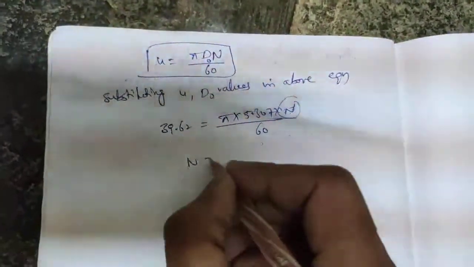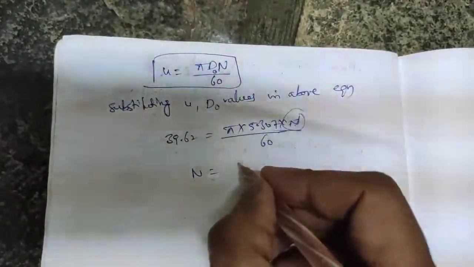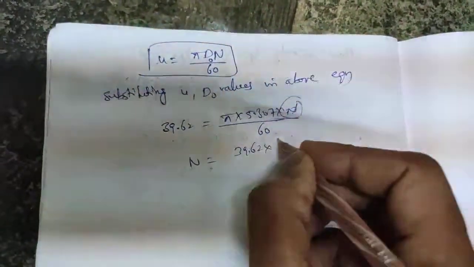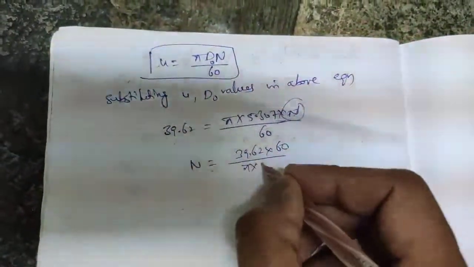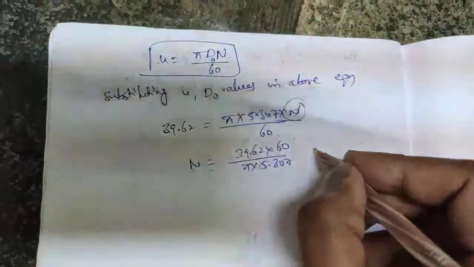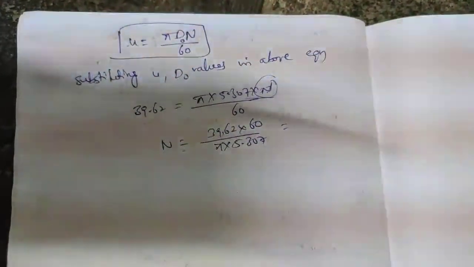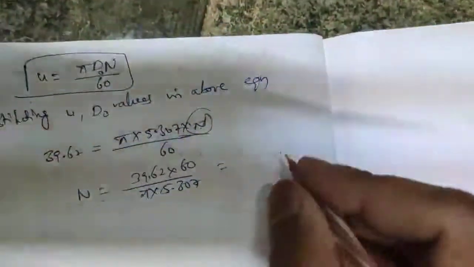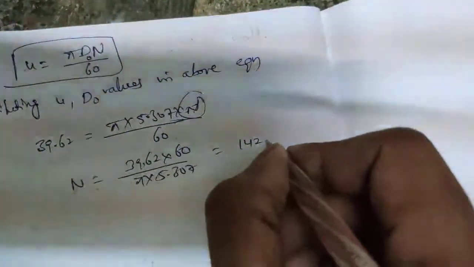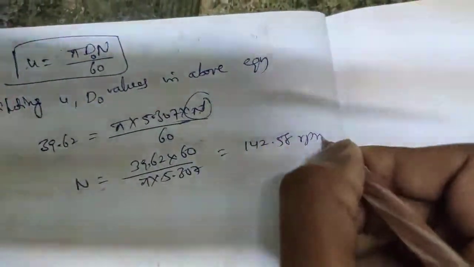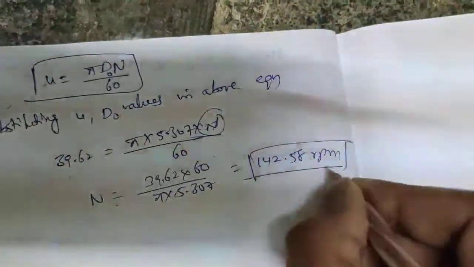Taking N to the left side, N equal to 39.62 into 60 by pi into 5.307, that equals 142.58 RPM. This is the answer.